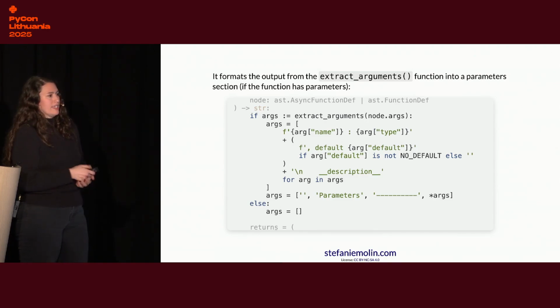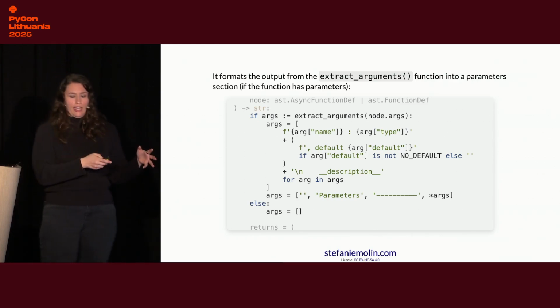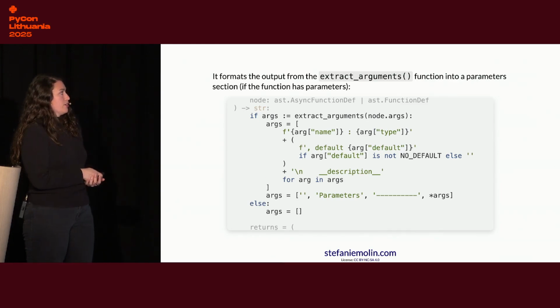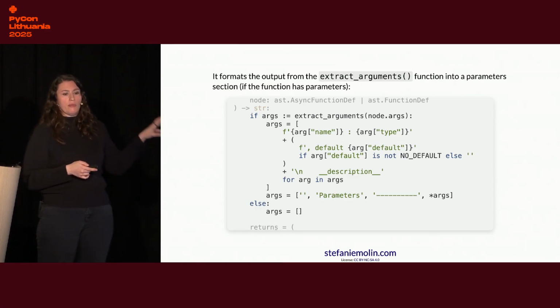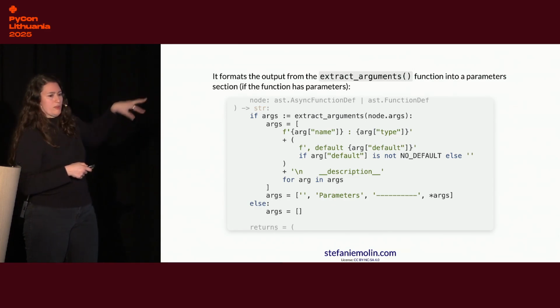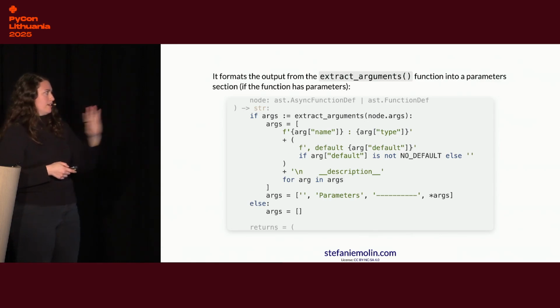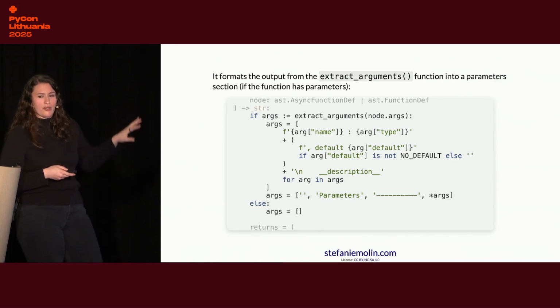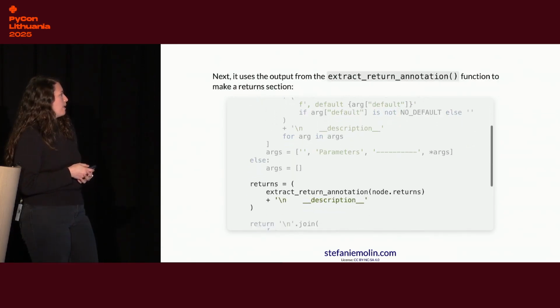We're going to pass in from that function node its args attribute. And this is either going to return a tuple of the arguments, which are a tuple of dictionaries, or it's going to return nothing. In that case, we want to just store an empty list, so nothing will be added to the docstring for that. And I'm going to just gloss over the actual logic of how you piece this together because it's not very important for this talk, but again, you have the slides and you can review that.